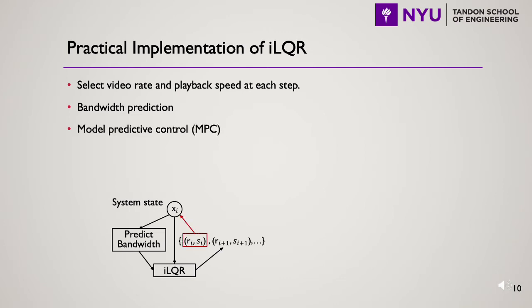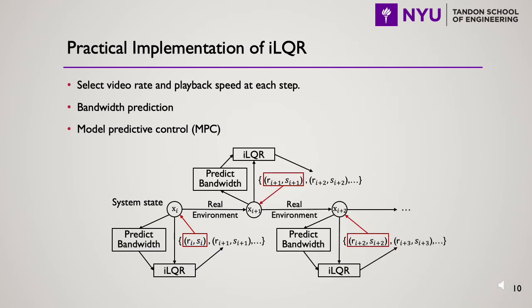To reduce the effect of prediction error, we adopt an MPC-based strategy in which only the first action pair is conducted. After taking the action, the system state evolves to a new one. Then, the same procedure will be applied to generate the control for the new state. This is a practical implementation of the model-based solution.